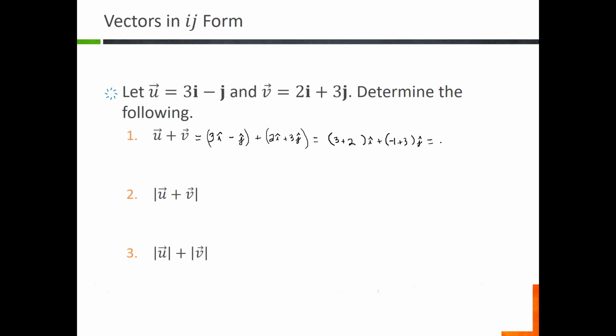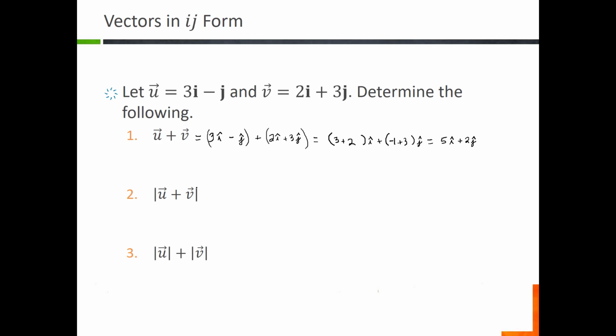And so our end result is that we're going to have 5i plus 2j.